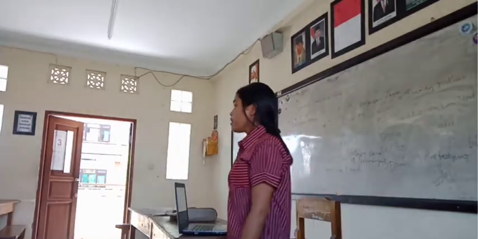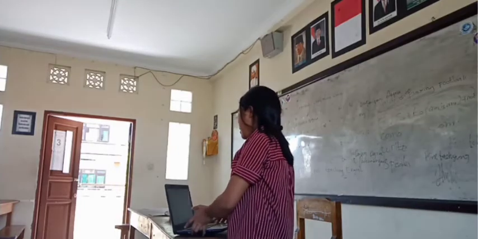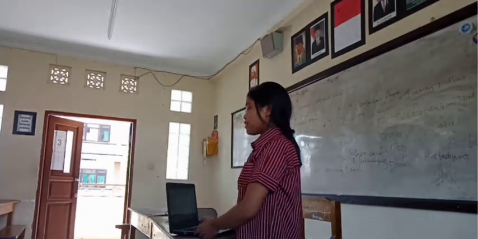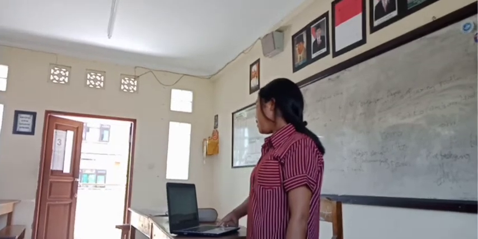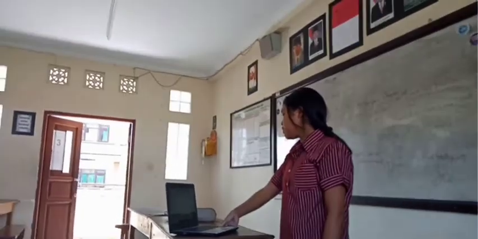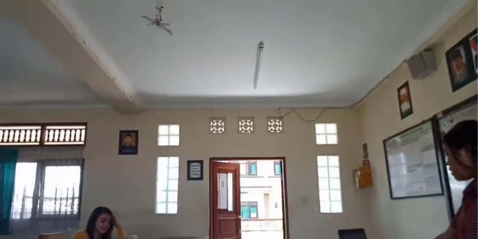Does everybody know what the generic structure of recount text is? Not yet, Miss. Okay, if you don't know the generic structure, I would like to explain it. So okay, the first generic structure is the orientation.